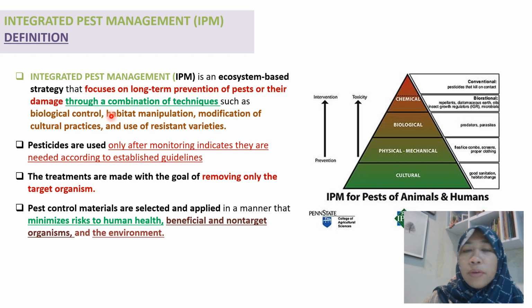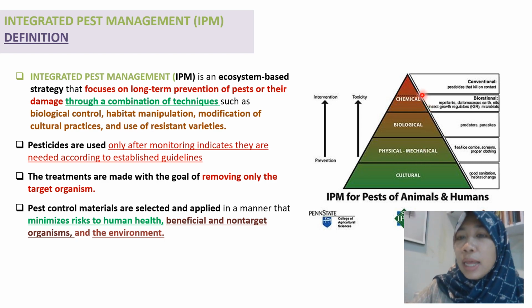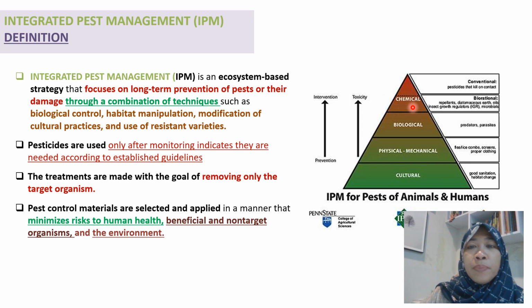As you can see in the pyramid diagram in the picture: cultural practices, physical, mechanical, biological, and chemical as the last control of the pest. Pesticide is used only if necessary in the field, based on the economic threshold.